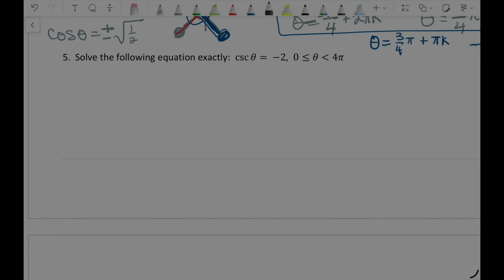This is interesting. They want the answers from 0 to 4 pi. Something to think about when we're plugging in our k values. All right, cosecant. Well, it might be easier if we rewrite this with sine instead.